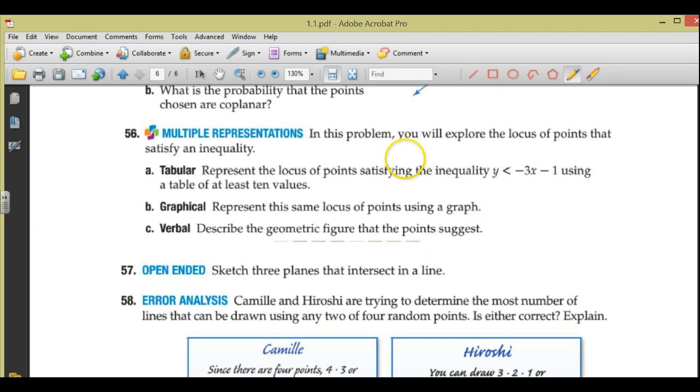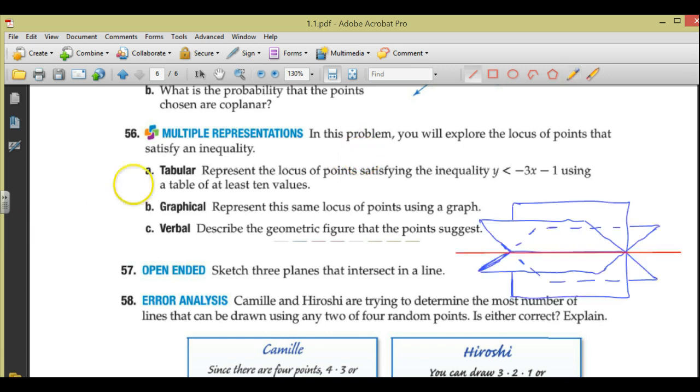Okay, number 57, sketch 3 planes that intersect in a line. So hopefully this won't be too messy. Okay, so I had some technical difficulties, but I went ahead and paused it and drew that for you.